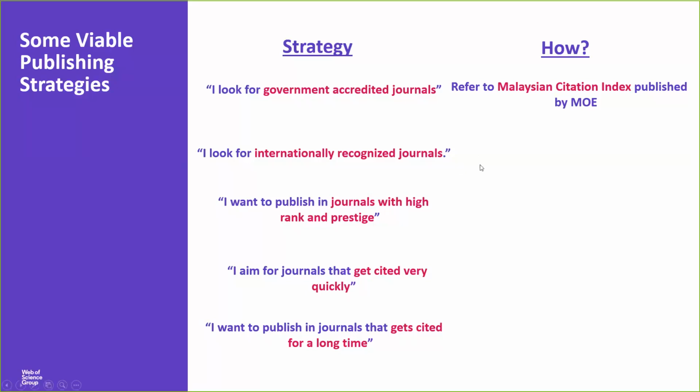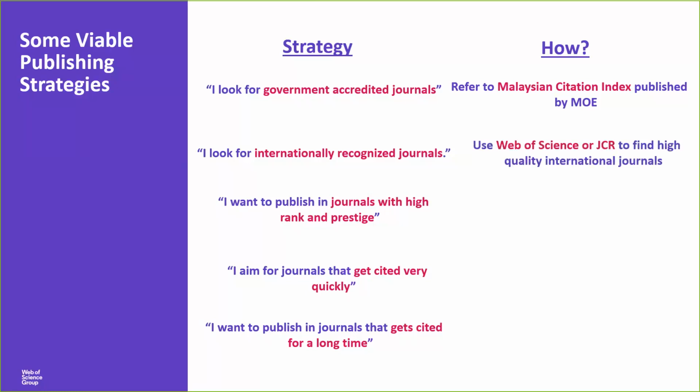The second strategy, once you have gotten some experience in publications or publishing of papers, okay, you might want to go one step further to look for internationally recognized journals globally. Okay, so where do you find these internationally recognized journals? These would be journals that are sitting on international publishers' platforms or international citation platforms, for example, the Web of Science.